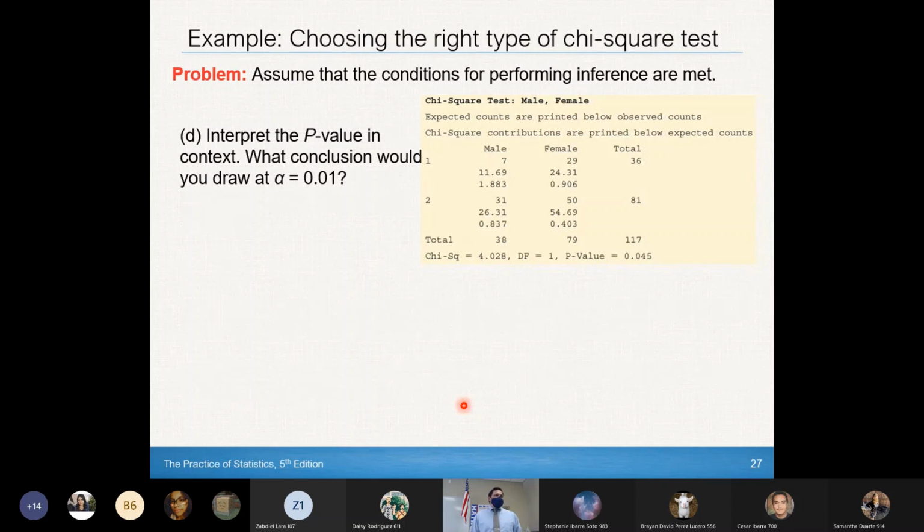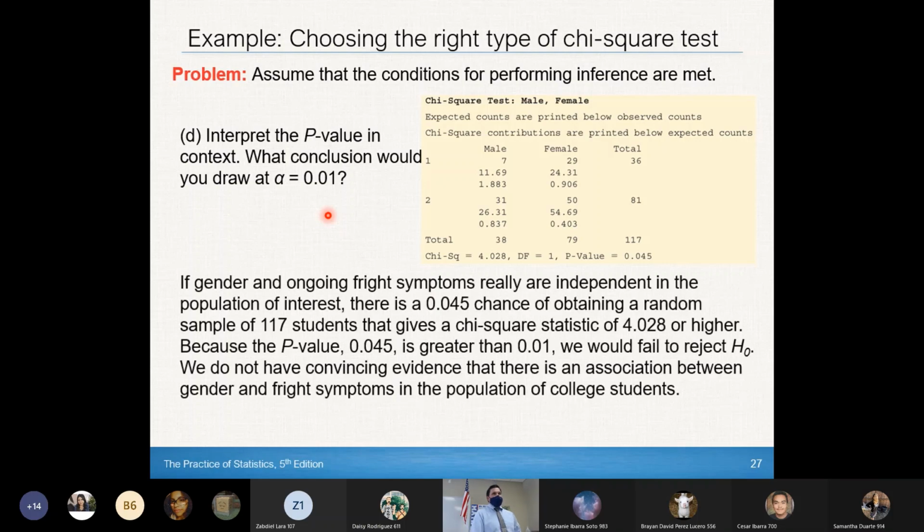So now we want to interpret the p-value, which again we already have here, 0.045, in context. Then what conclusion would you draw at an alpha equaling 0.01 significance level? So there are two parts to this answer. Interpreting the p-value: what does it mean in context, what does it represent? Then stating your conclusion based on that p-value.